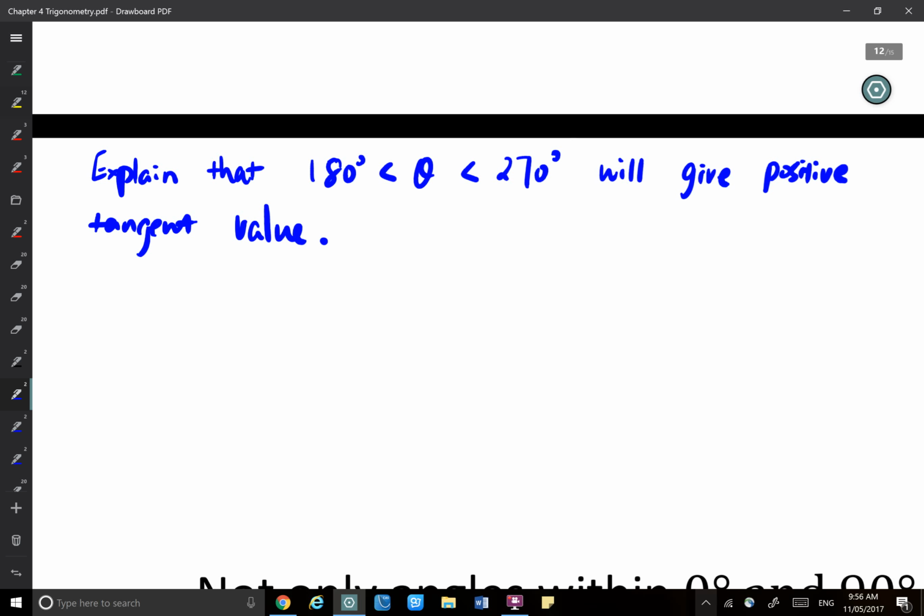Explain why tangent theta will be positive.